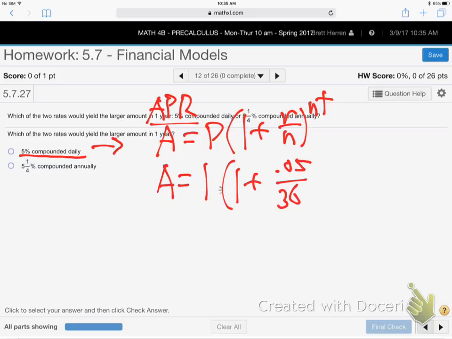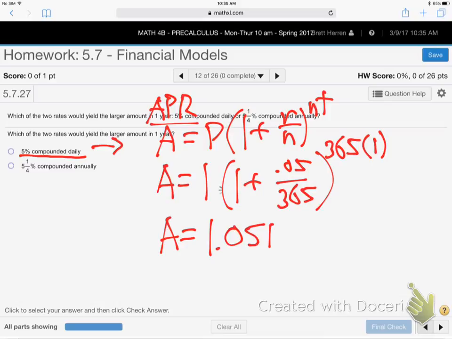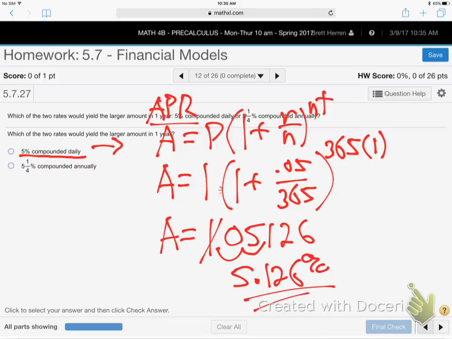Daily, n is 365, and time is 1 year. Somebody got that number there? 1 point... 1.05126. Thank you. Get rid of the original dollar and move the decimal 2 places: 5.126%.